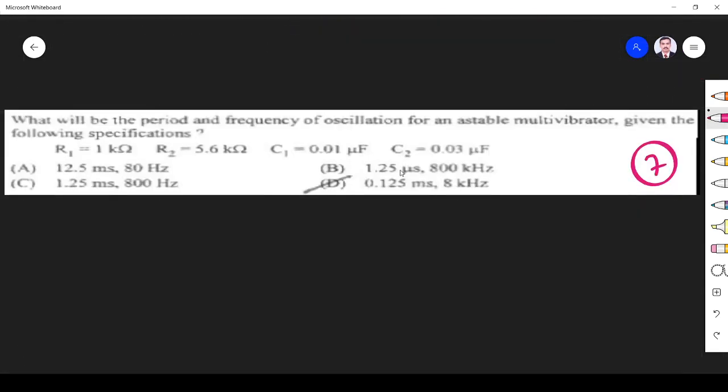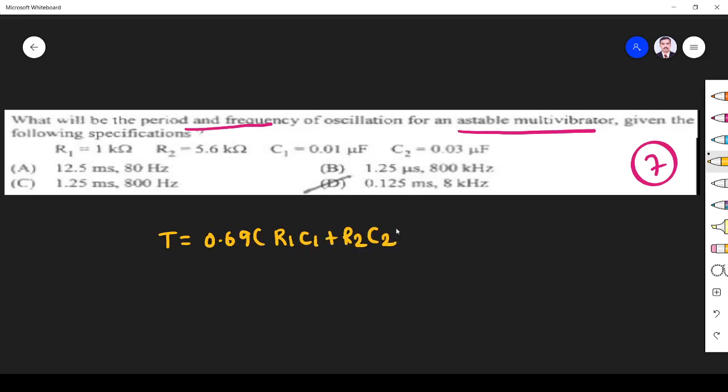Next question, what will be the period and frequency of oscillation of an astable multivibrator for the given data? First we find the period. The period of the astable multivibrator is given by T = 0.69 (R1C1 + R2C2). They have given the R1, R2, C1 and C2 values.